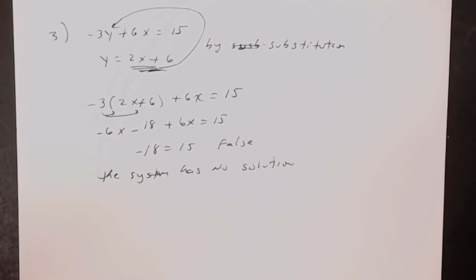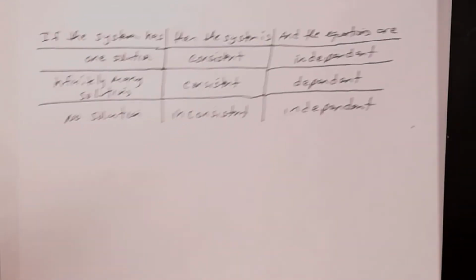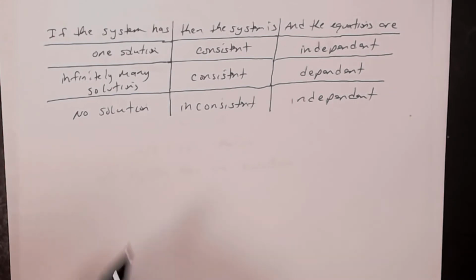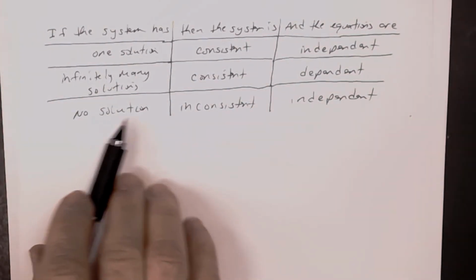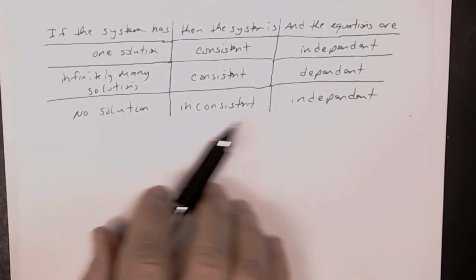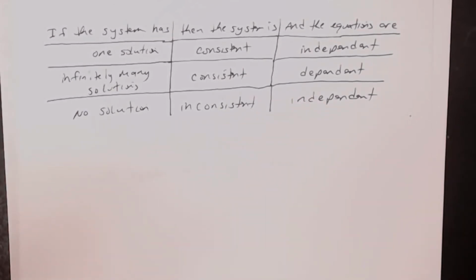Okay, so what that means in terms of the next part of our question is this. Well, the system has no solution, then the system is inconsistent and the equations are independent of each other.